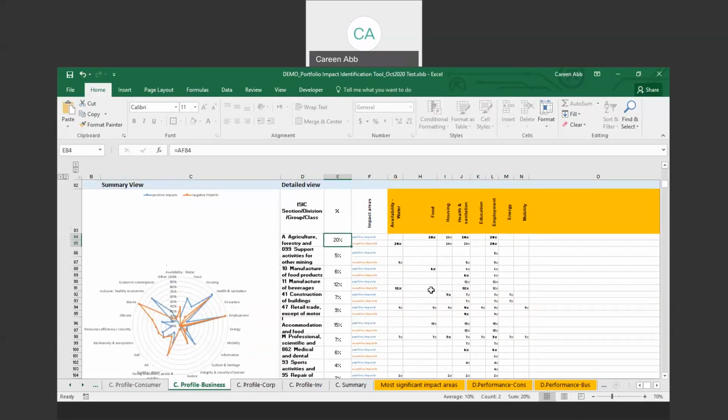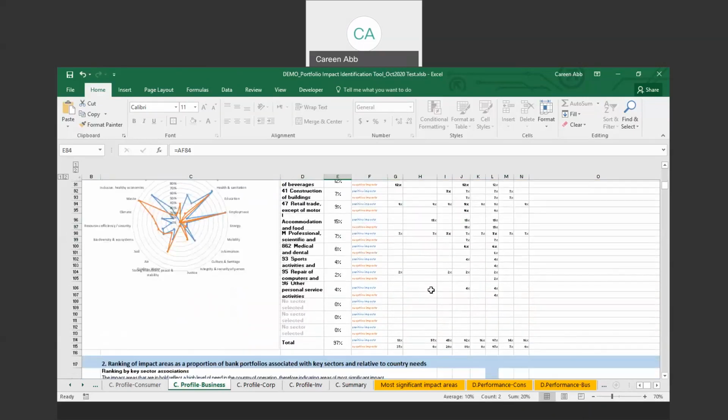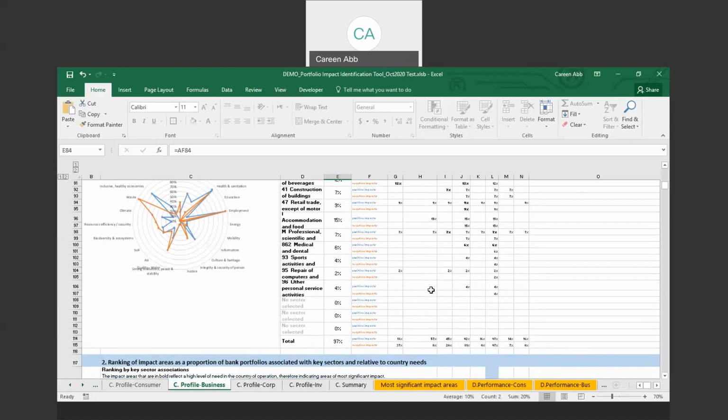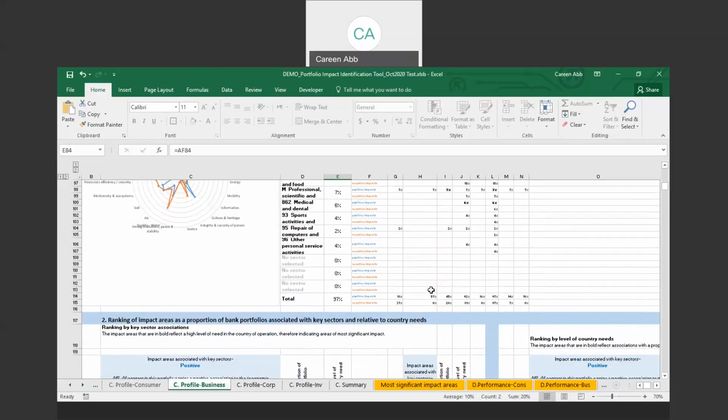This is the first part of what you see for each country, where, as you can see, what has been used is the information on sectors and the amount of business corresponding to each sector.